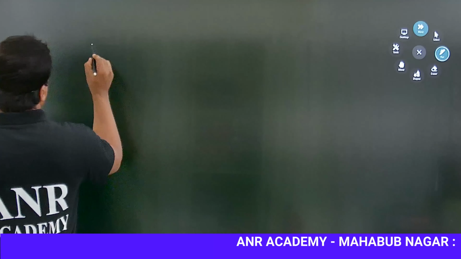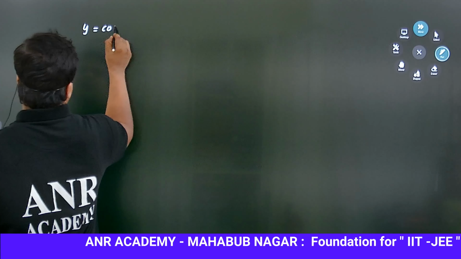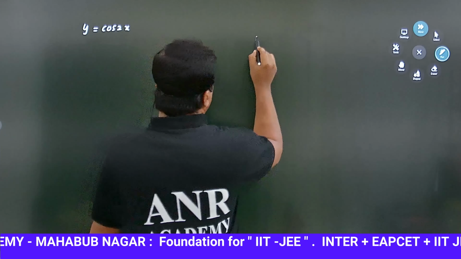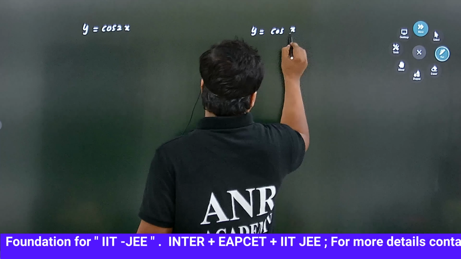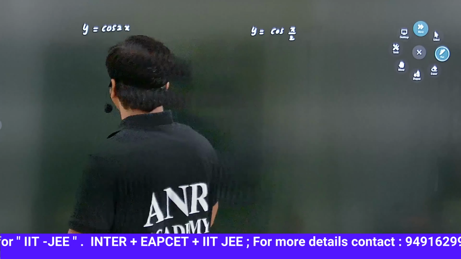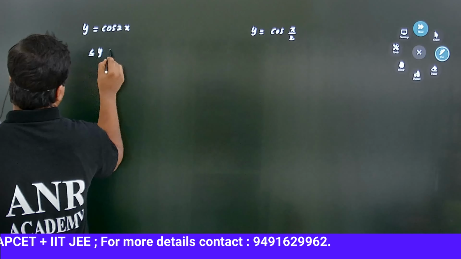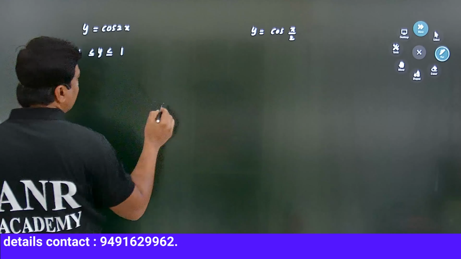Suppose the question is, draw the graph of y equal to cos 2x. Next question, draw the graph of y equal to cos of x by 2. Here the range of the function, due to the cosine function, is minus 1 to 1.